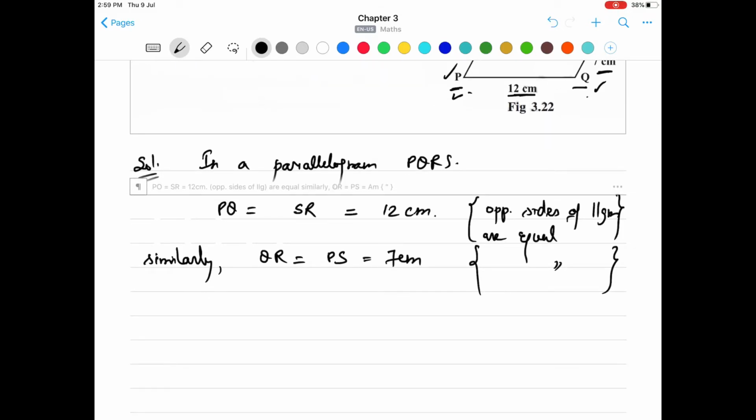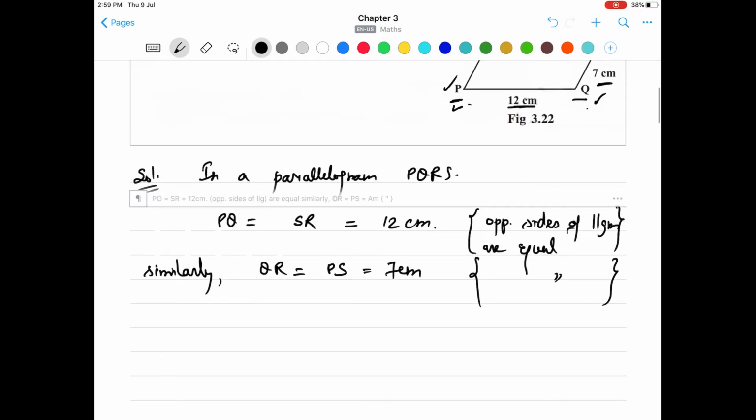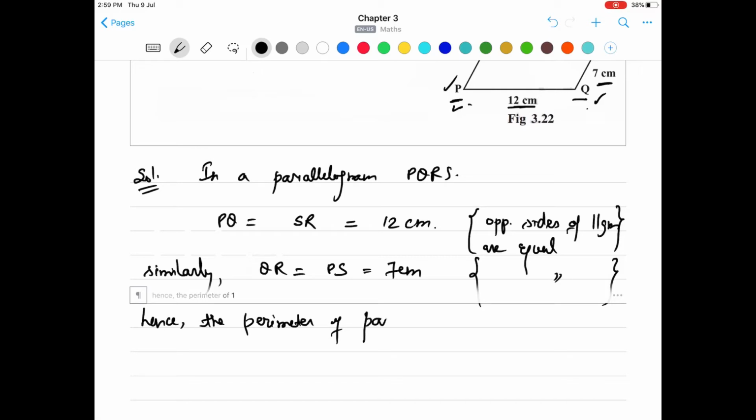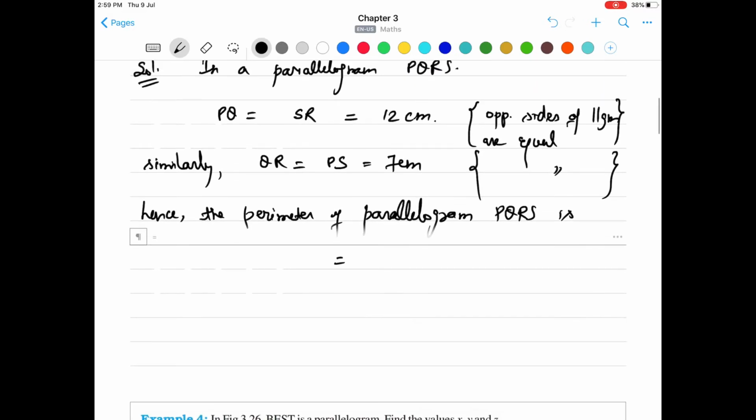Therefore, now we have the measurements of all four sides of this parallelogram PQRS. Now we can find its perimeter. So write, hence the perimeter of parallelogram PQRS is equal to PQ plus QR plus SR plus PS.